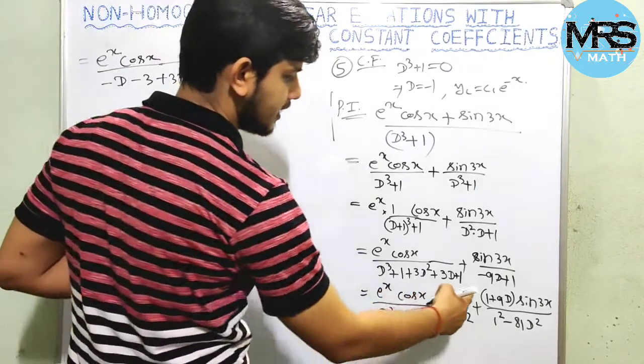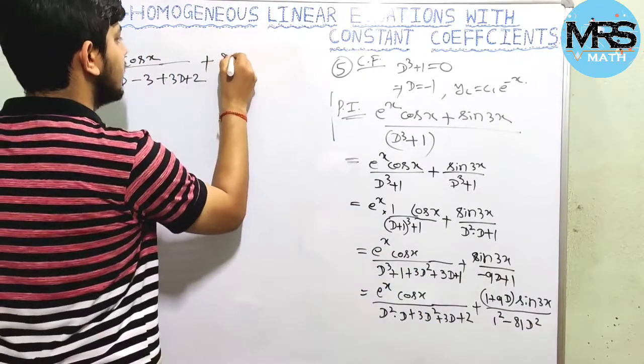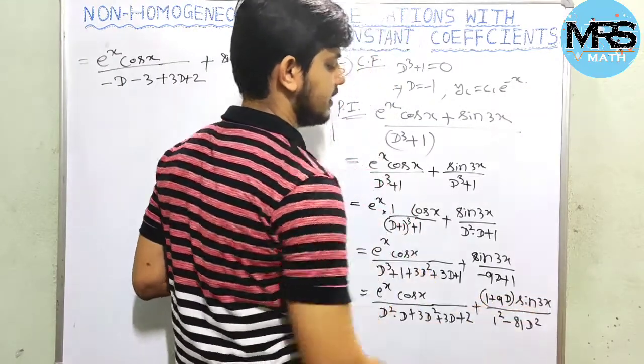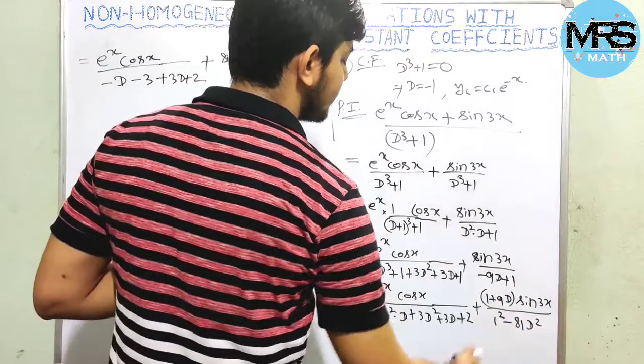Plus here what we will get: sin 3x into 1, that will be sin 3x, so 9D sin 3x, that means first one time differentiation of sin 3x.